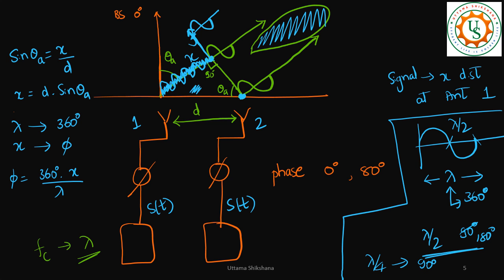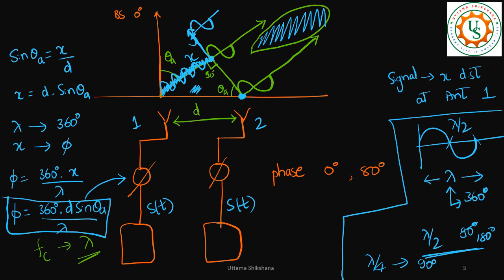Now we know this x, so phi is 360 degrees into d sine theta a divided by lambda. I hope you got this. This is the phi value which we should be giving to this phase shifter.